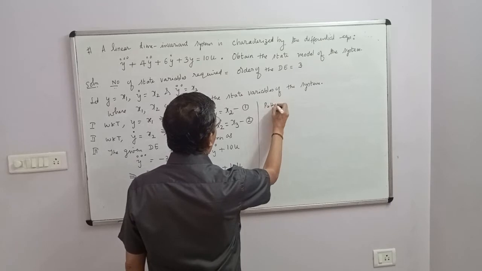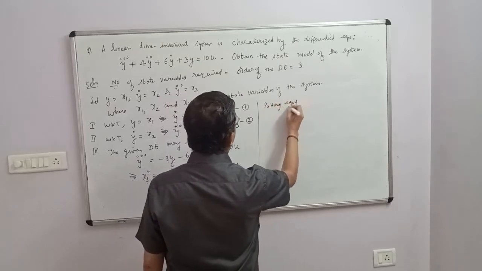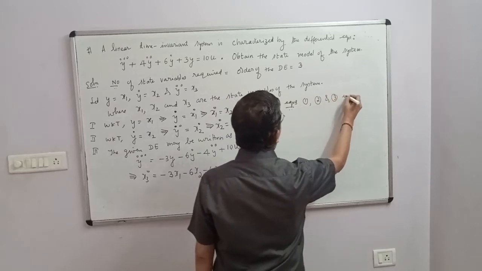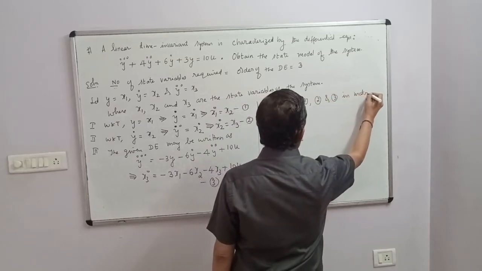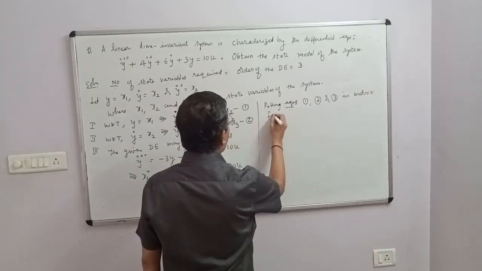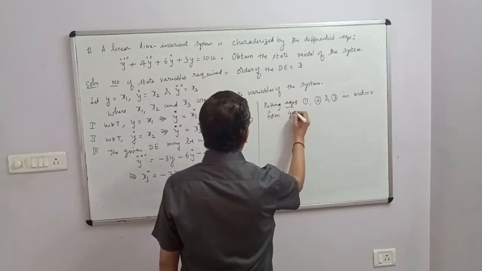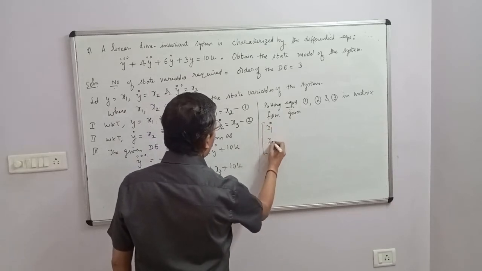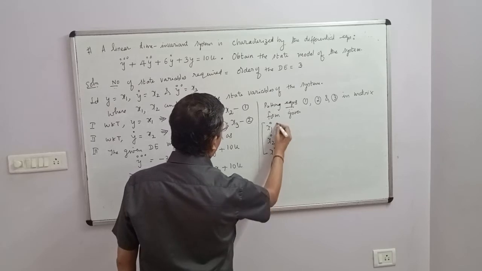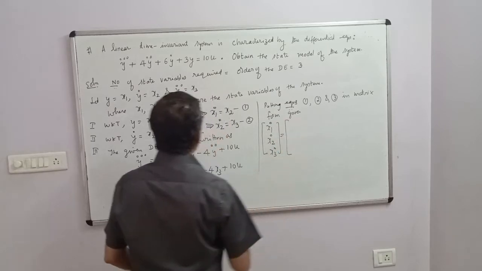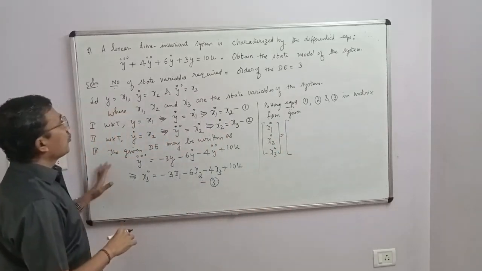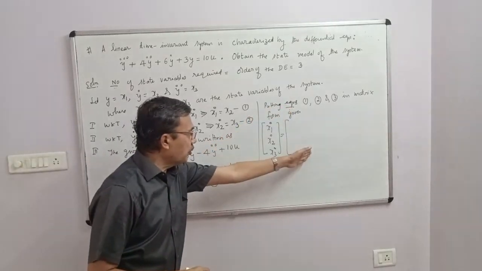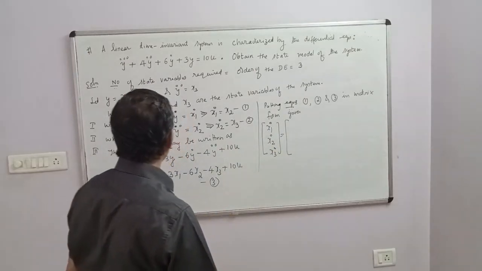Putting equations 1, 2 and 3 in matrix form gives the column matrix x1 dot, x2 dot, x3 dot. In the first column we write the coefficients of x1, second column coefficients of x2, third column coefficients of x3.